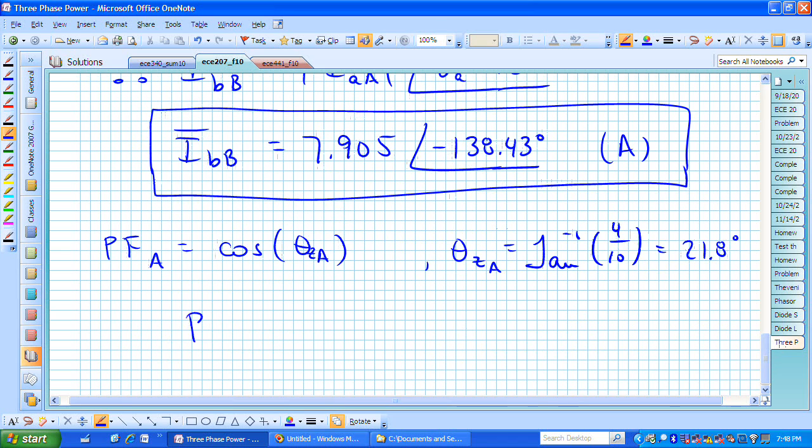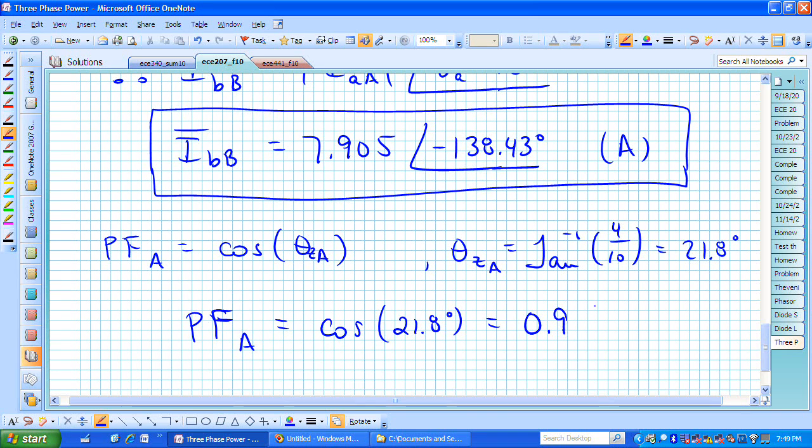The power factor then of the A phase, and for that reason, since these are equal, it's a balanced system, the power factor of the B phase and the C phase are exactly the same. This is now the cosine of that angle of our impedance, which was 21.8 degrees.